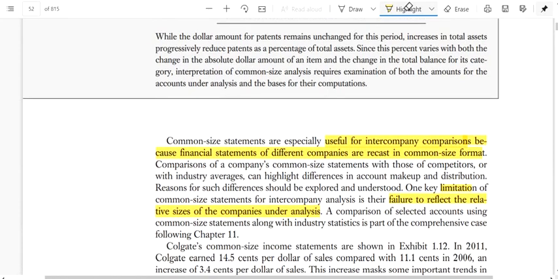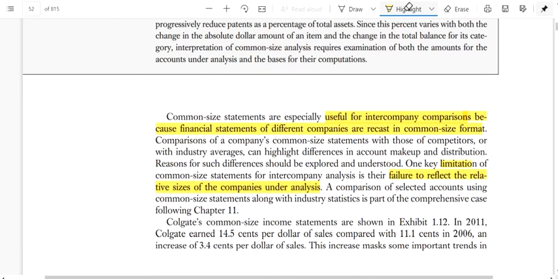So common size statements are especially useful for intercompany comparisons because financial statements of different companies are recast in common size format. Okay, so kalau dia ada banyak anak syarikat, common size statement analysis very useful untuk dia. Lagi senang lah, terus dia masuk asset, tak payah nak banyak.